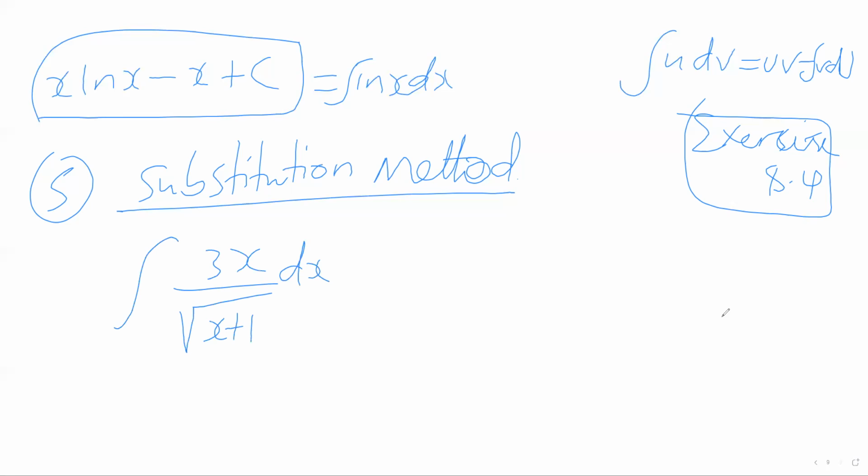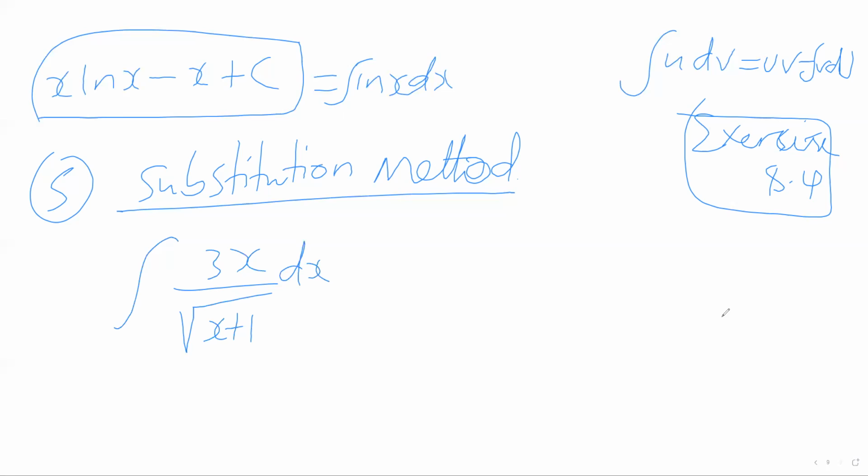Well, it's not difficult to integrate this function, and that's why the substitution method works. That doesn't mean there's no other method that can work, but maybe that method is very complicated and you may have issues trying to get the answer. That's why the substitution method comes in.